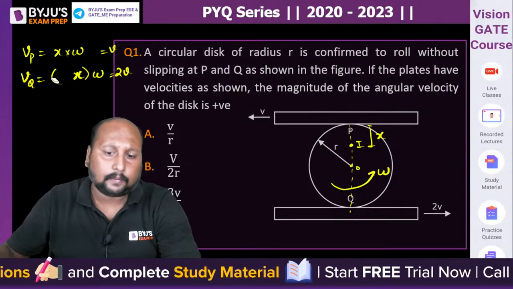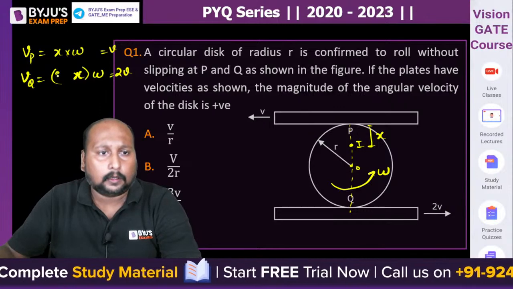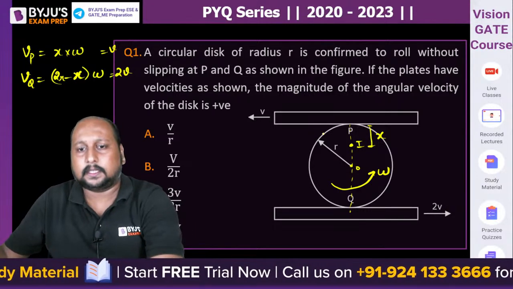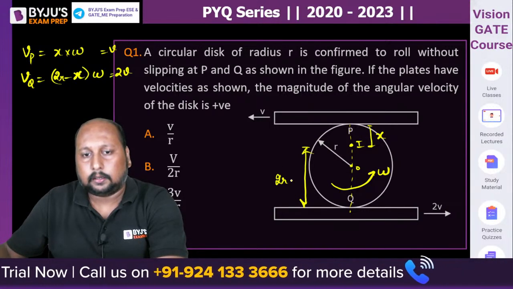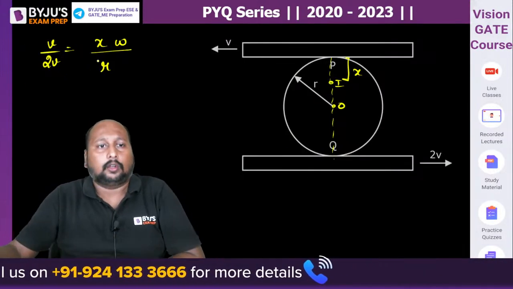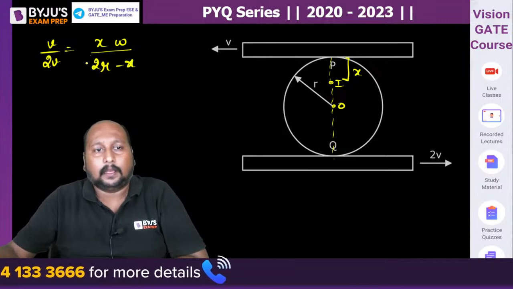This is 2r minus x, right? Because this distance will be 2r minus x.